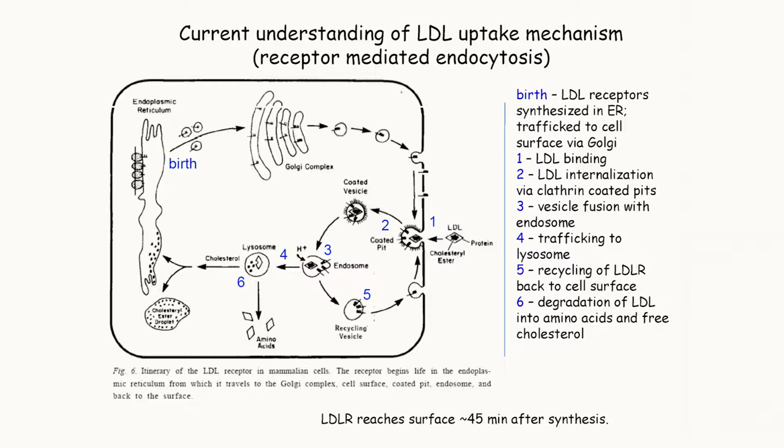So somehow it has to get from the ER to the plasma membrane, and this happens by forming coated vesicles. We'll see a little bit of that, but we're not going to talk about this methodology in any detail.